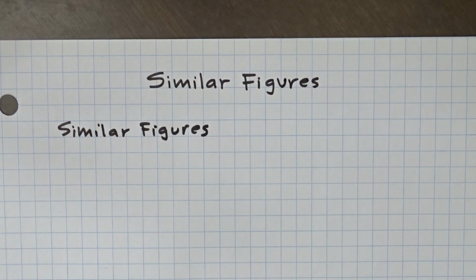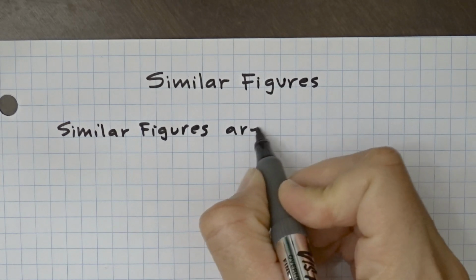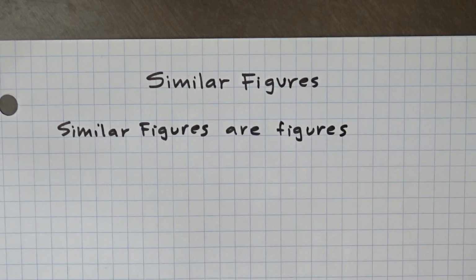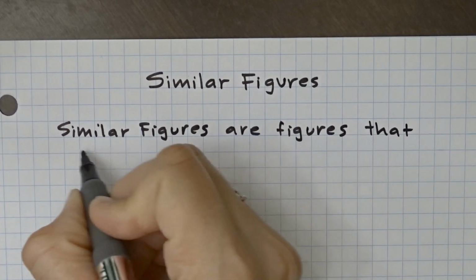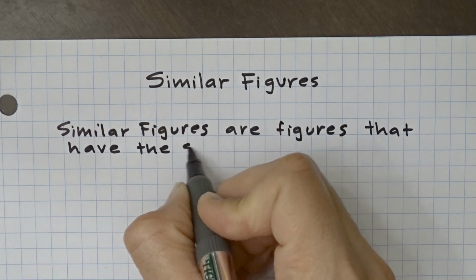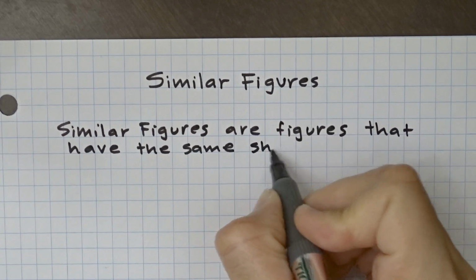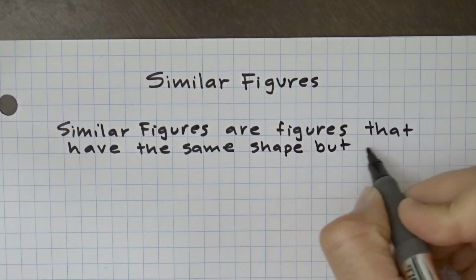So what it means to have similar figures means similar figures are figures that have the same shape but can be different sizes.